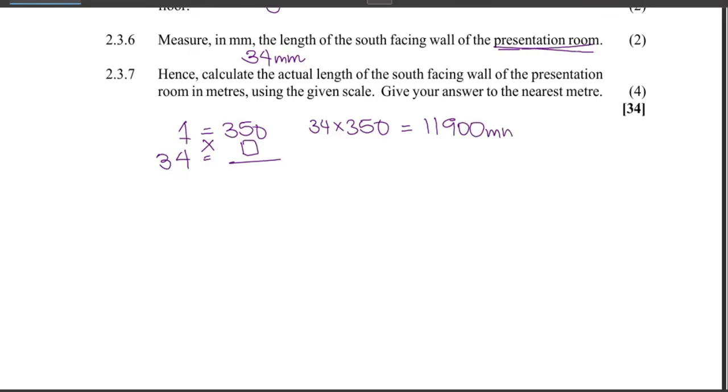Mind you, these are millimeters, and they want the actual length in meters. So we change to meters: we divide by 1,000. And the answer became 11,9. Don't forget the units. These are meters.